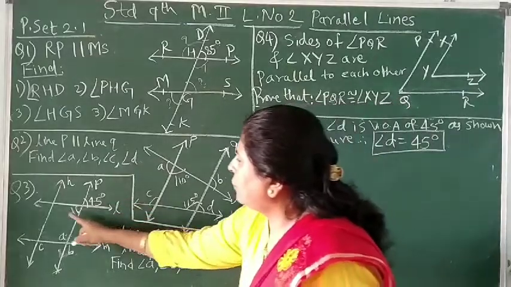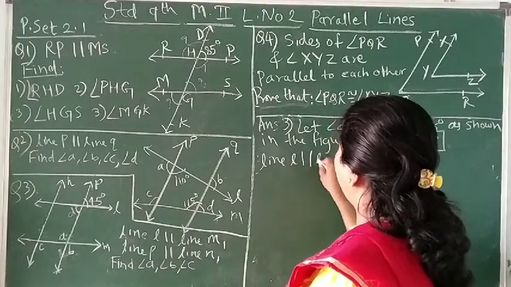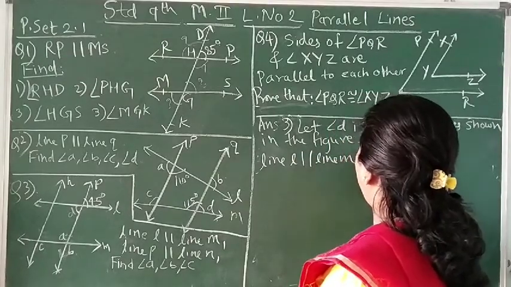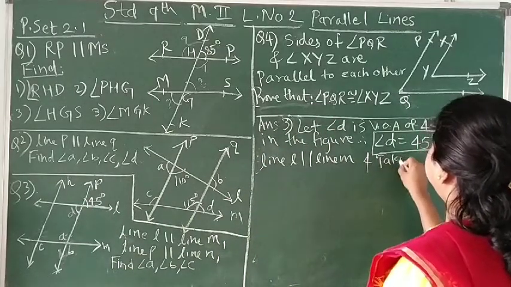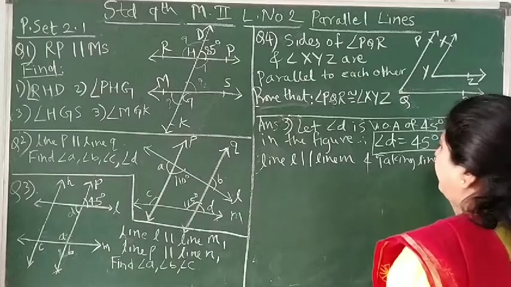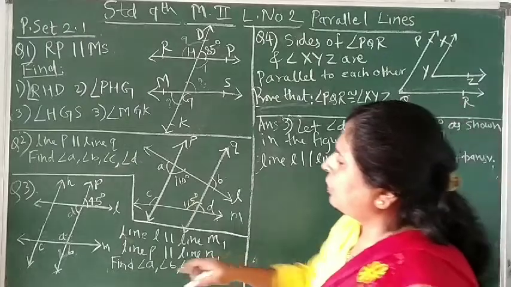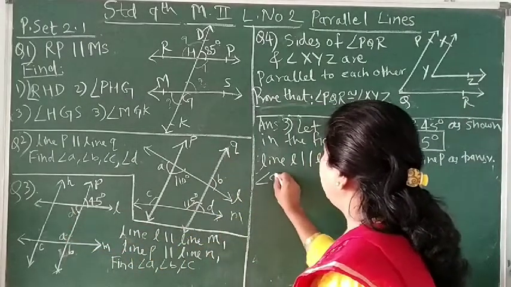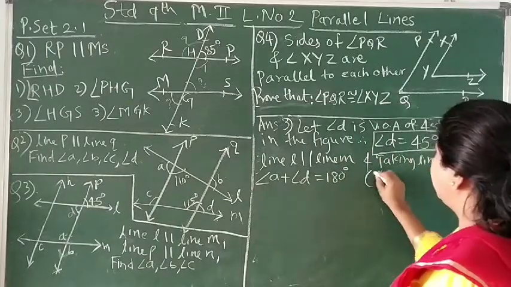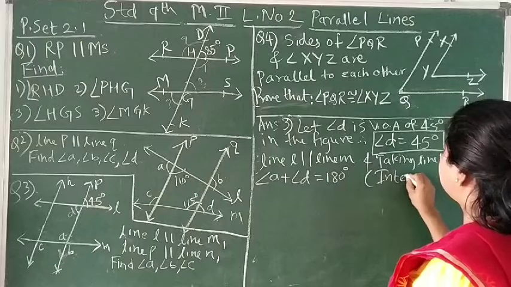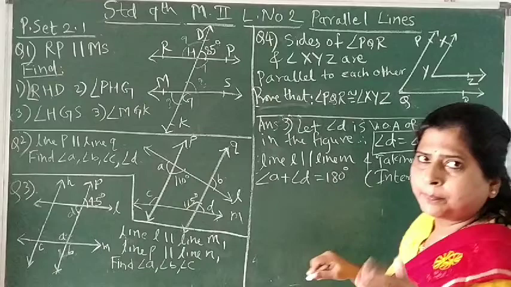Now, line L is parallel to line M, and taking line P as their transversal, angle A and angle D, their sum is going to be equal to 180 degrees because they are interior angles, and we know that interior angles are supplementary.